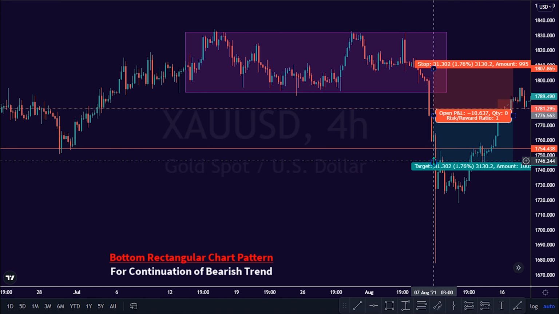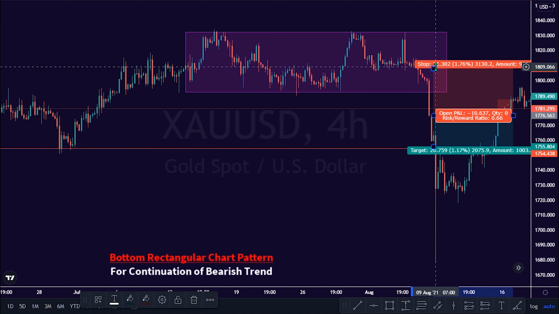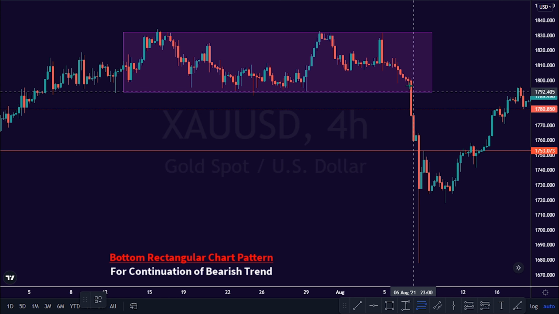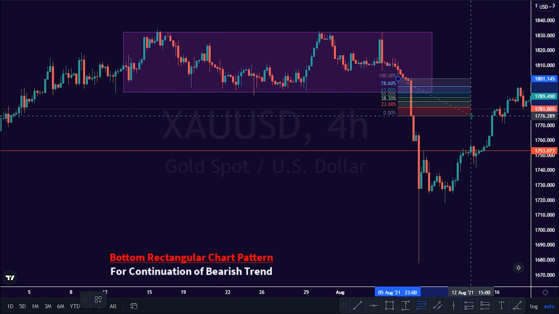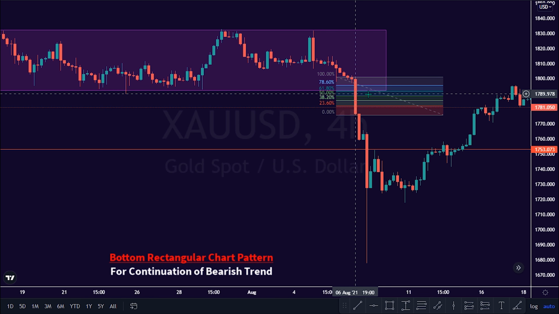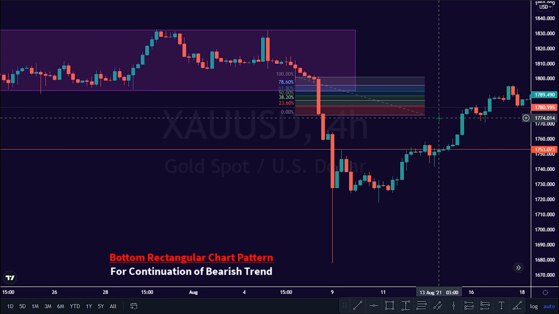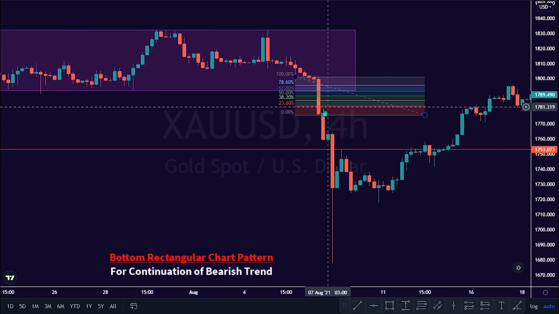This is the type of continuation setup you should avoid. Since trading is a game of probability, it's better to stack the odds in your favor. Waiting for price to retrace to the 50% retracement level is another method you can apply in this type of market condition. Unfortunately, there wasn't a price retracement.